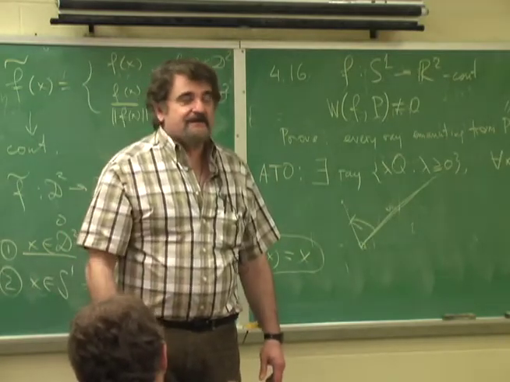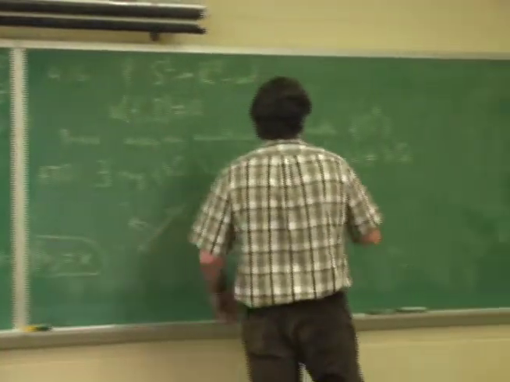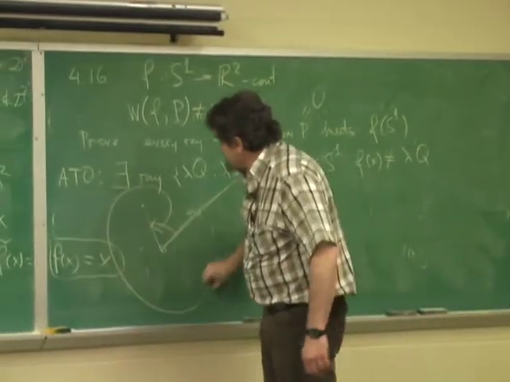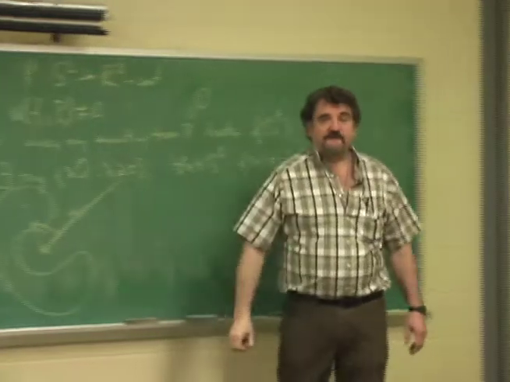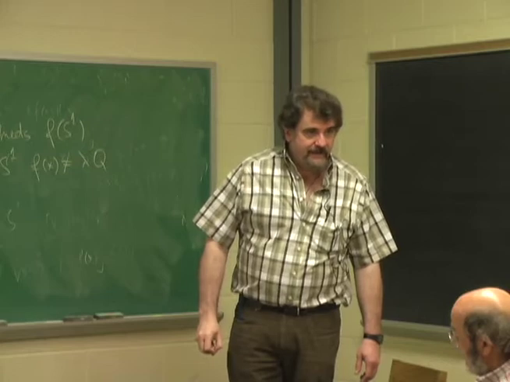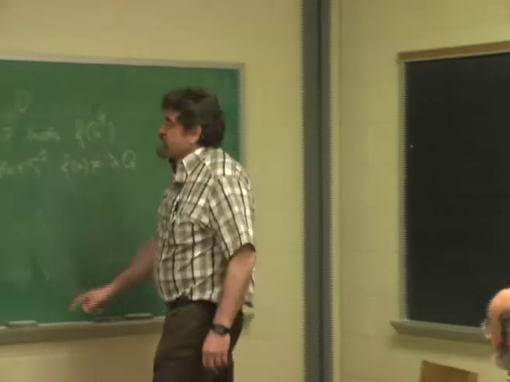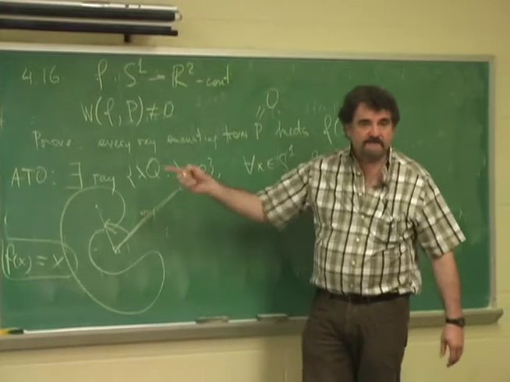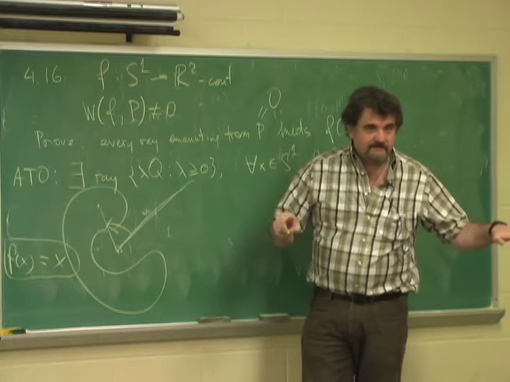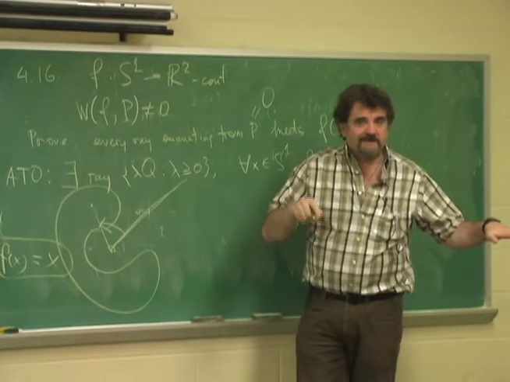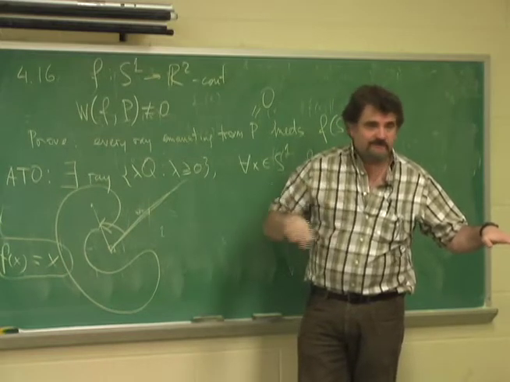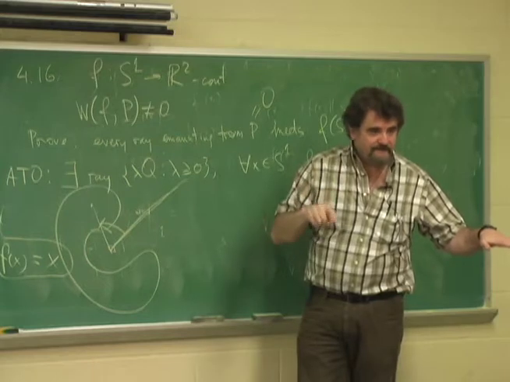Because all these points f of x are not on the ray, so the points of f of x do not touch this ray. So outside of this ray there is a global definition of an angle. If you cut the complex plane, there is a choice of the argument outside of the ray.